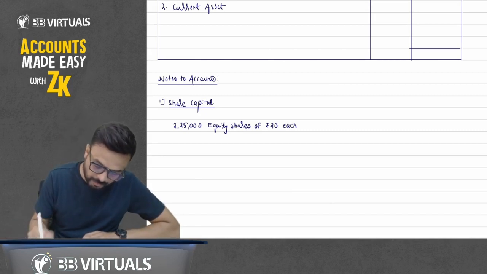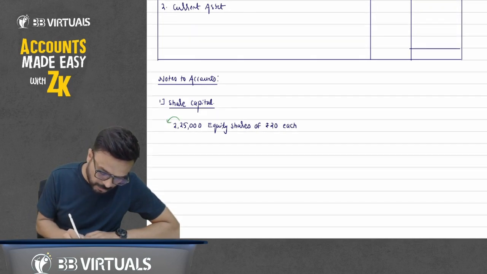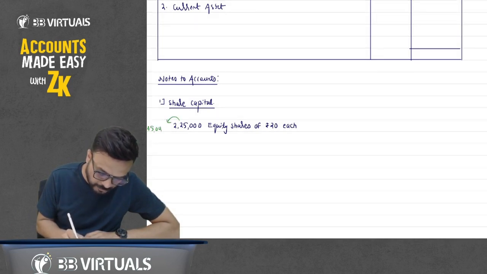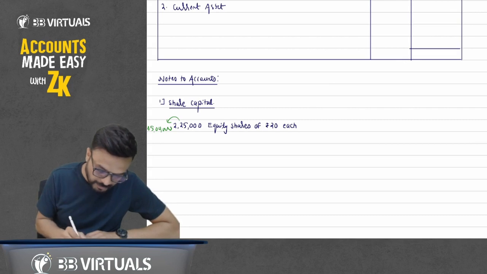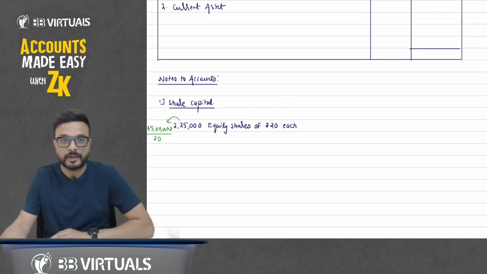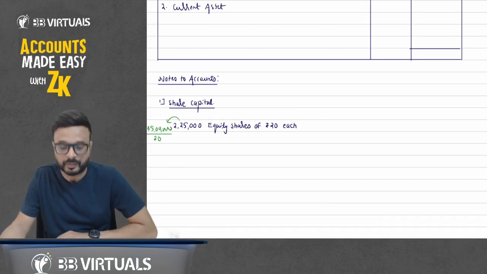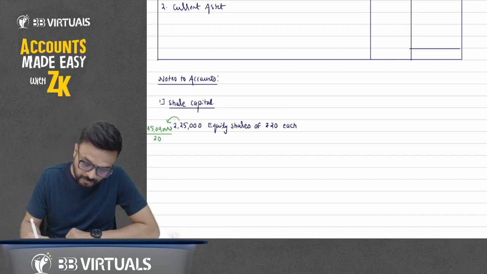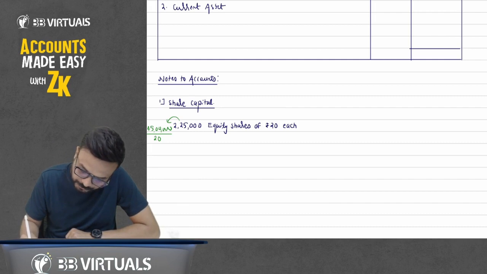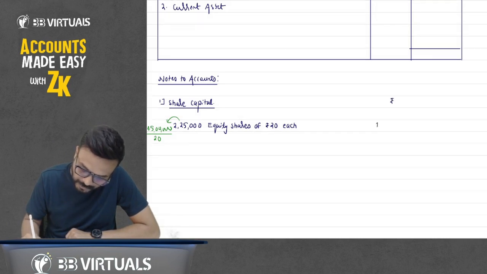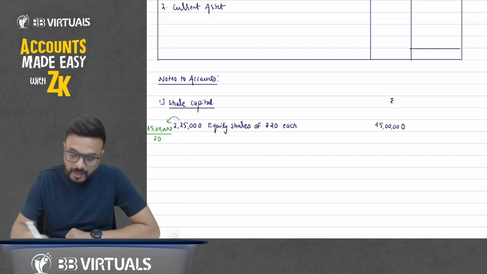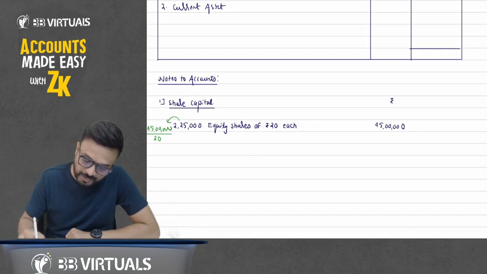So how have we calculated? Total amount of share capital after buyback is 45 lakhs divided by one share of rupees 20. So how many shares? 2,25,000. So write down 45 lakhs in the outer column. How have we calculated this 45 lakh rupees?